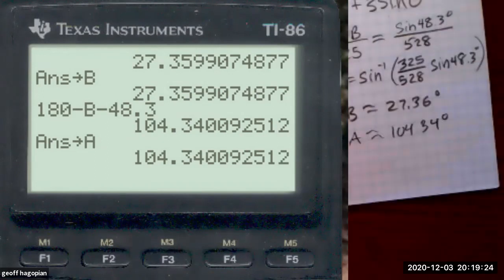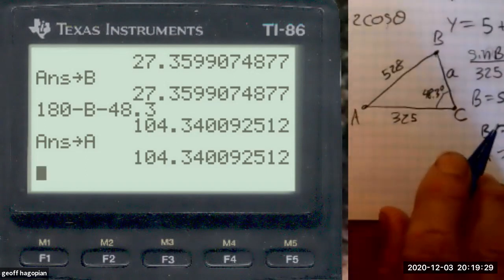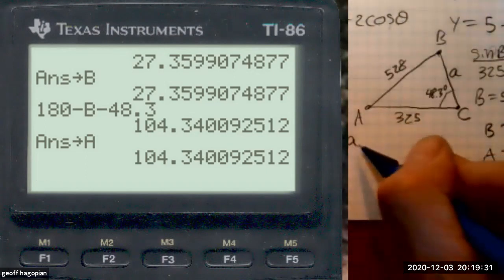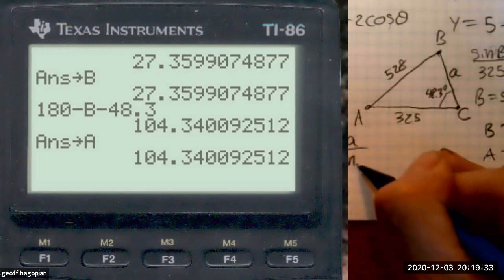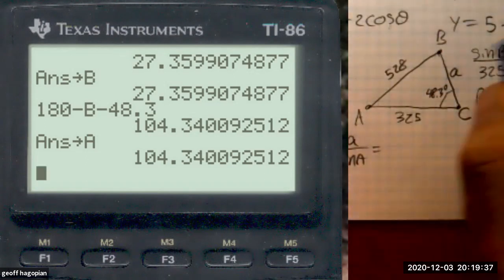Okay. So now we can find A, right? Because let's write it here. A over sine A is equal to, should we just use C over sine C?